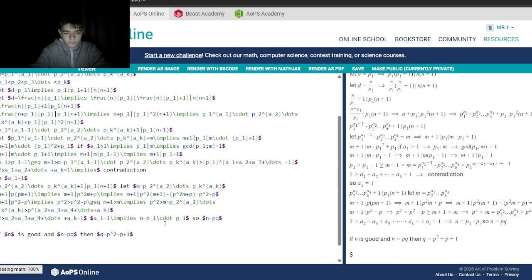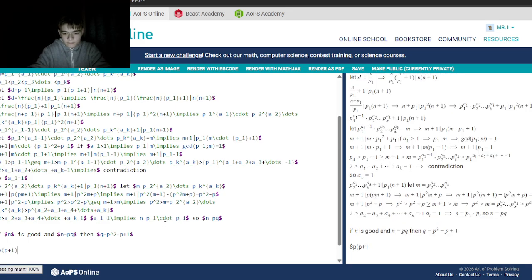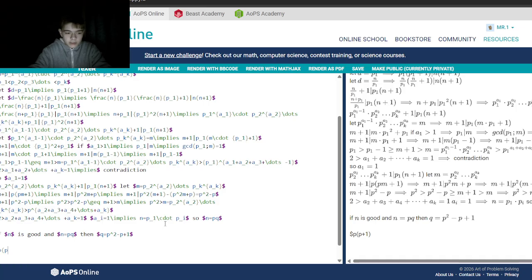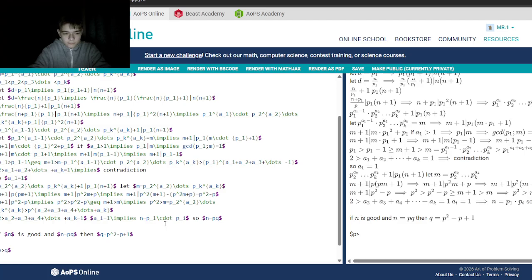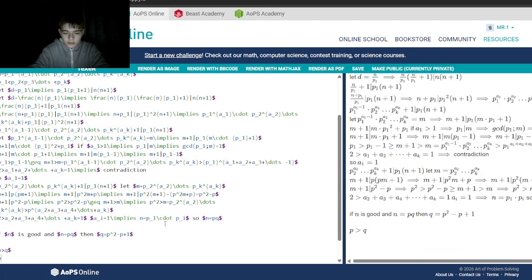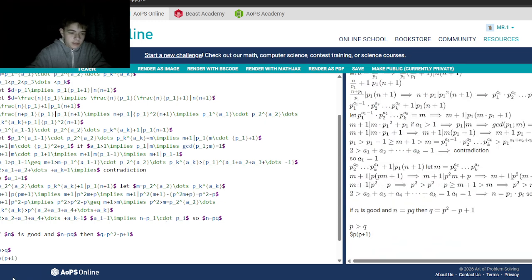So we know that p times p plus 1, actually let's assume that p is greater than q. We know that p times p plus 1, but p is not equal to q plus 1, so we can just write this because p is not equal to q plus 1.